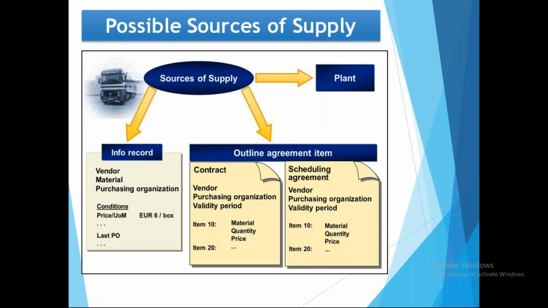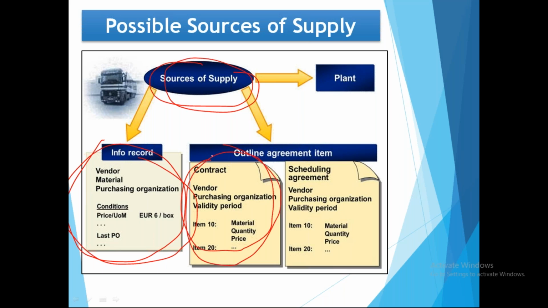Whenever you create a purchase order, your purchase order can refer to an info record, or it can refer to an outline agreement like a contract with the vendor, or a scheduling agreement with the vendor. So these are the possible sources of supply where the system can refer when you are creating a purchase order.